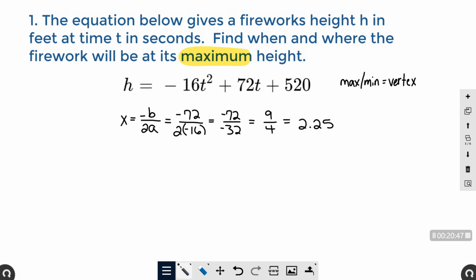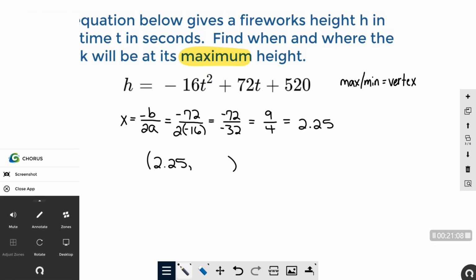Now, that's just part of the info in that box. What else does it say in the box about finding the vertex? After you do opposite of b over 2a, plug x in to find y, because we need our whole vertex on this one.